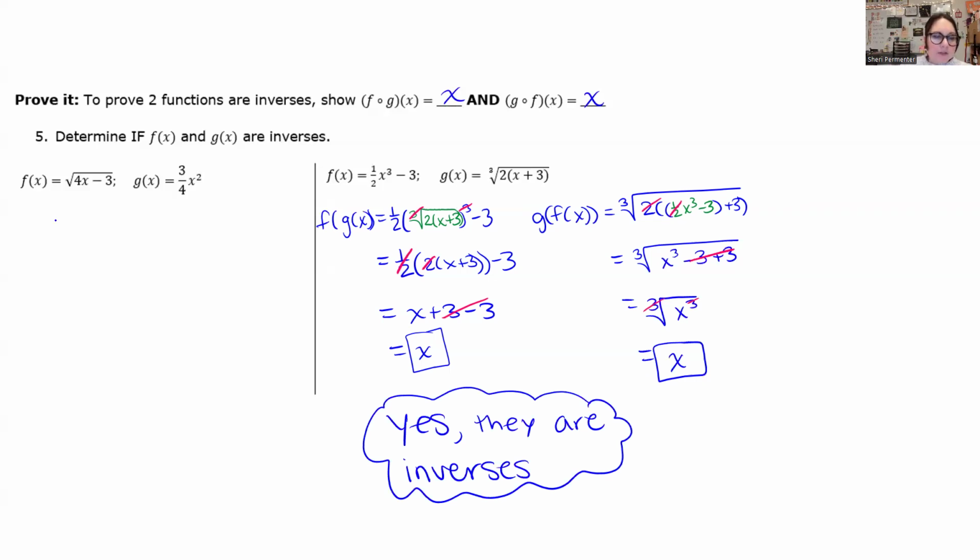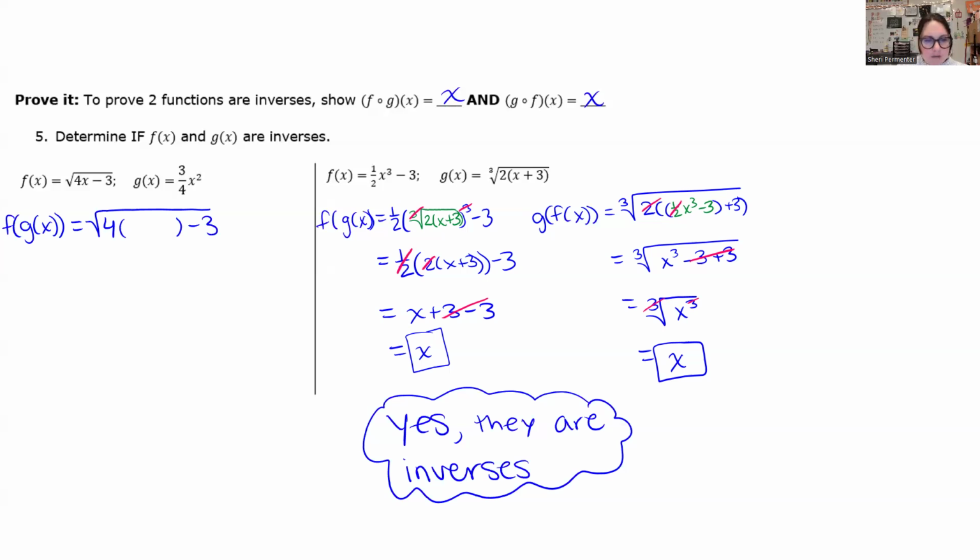So I'm going to have to write out f of g of x. If I write my f function, it is the square root of 4, and I have to leave myself a space for the x minus 3. Inside my space, I'm going to plug in the g function.